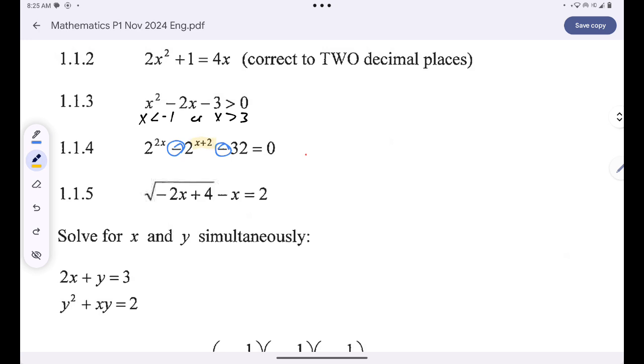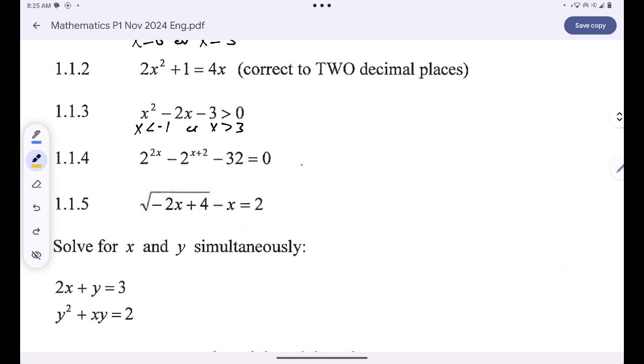That's the first thing I need to do. Okay, I'll simply have 2 to the power 2x minus 2 to the x times 2 squared minus 32 is equal to 0. How did I separate these exponents?